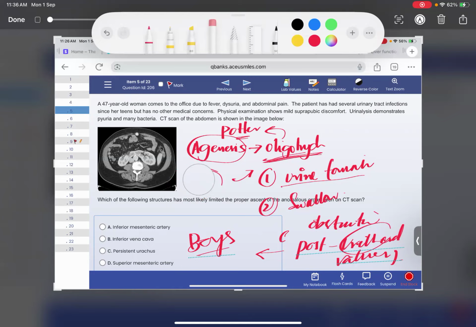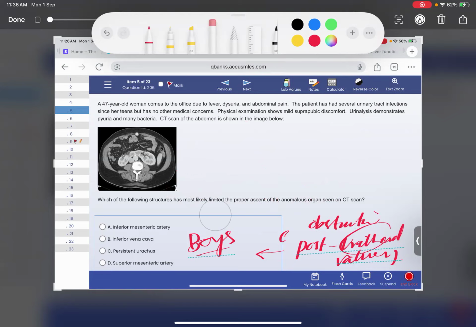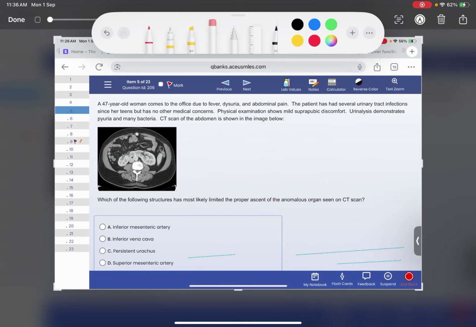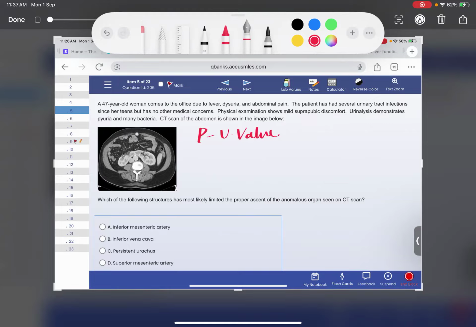So we have discussed Potter's, and what are the causing factors? Renal agenesis, autosomal recessive polycystic kidney disease, and obstructive uropathy like posterior urethral valves. Posterior urethral valves are the remnants of the urogenital sinus membrane.